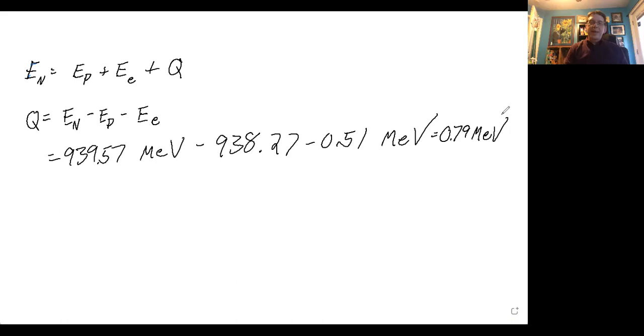That's the remaining energy. So when they ask what's the maximum that can go to the electron, that's assuming there's no neutrino, or that the neutrino is getting a negligible amount of kinetic energy. So 0.79 mega electron volts.